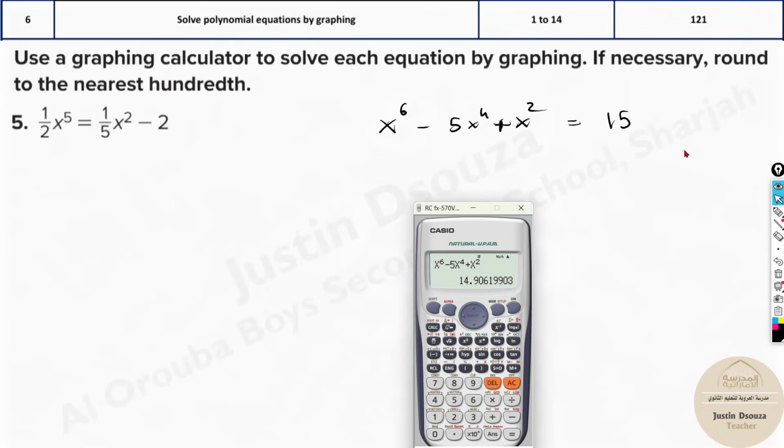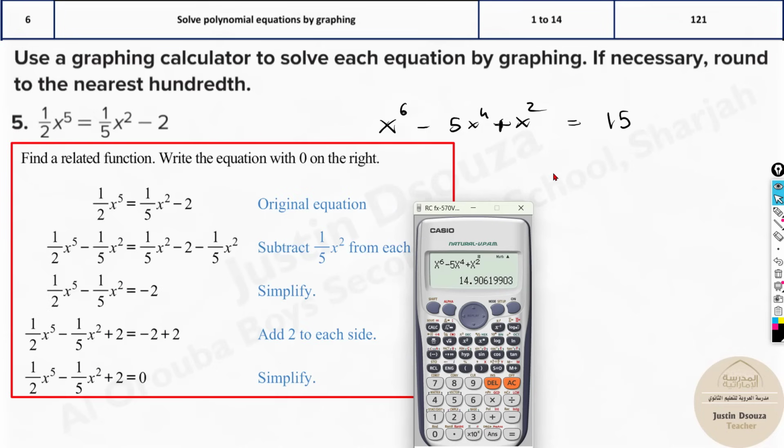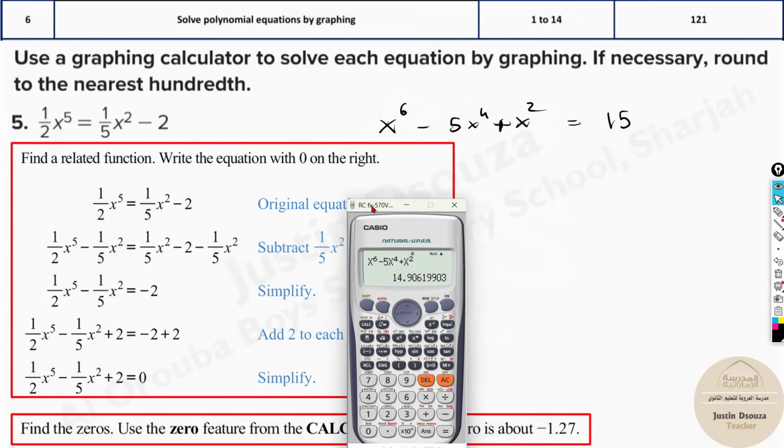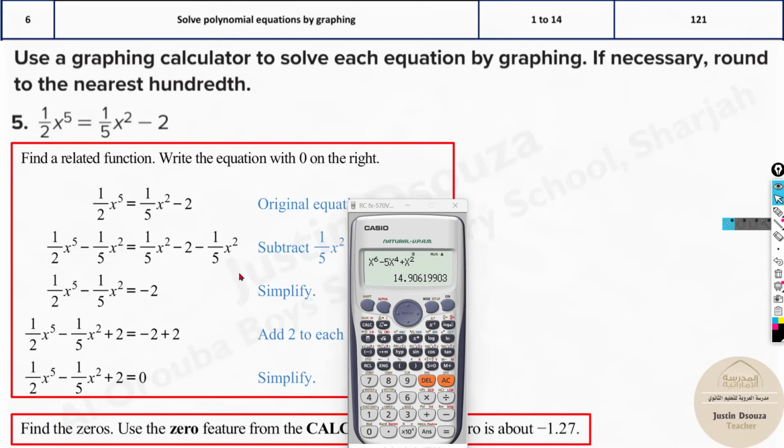Now, all these problems can be done the same way. You need to just rearrange with all the variables on one side, and then let's check. Over here, there is only one answer. So I will write this equation: half, 1 by 2 x power 5, and then minus 1 divided by 5 x squared.